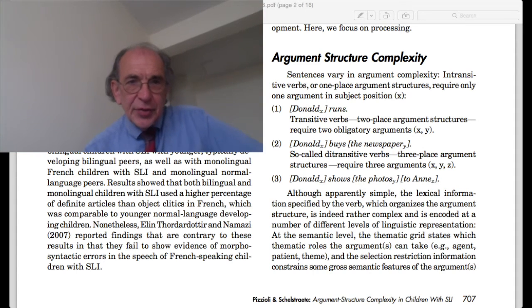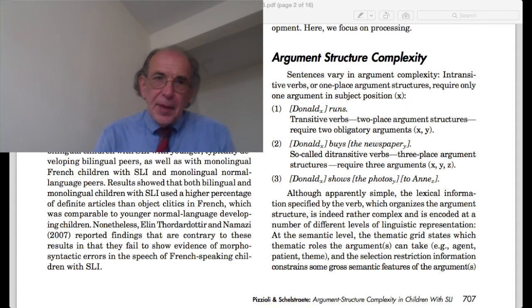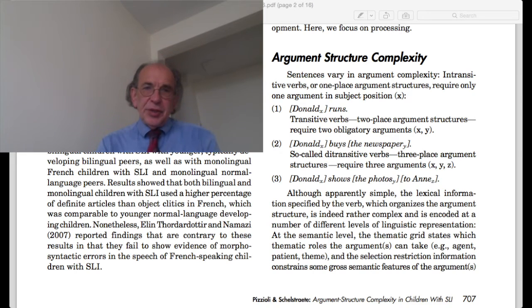It says, as already stated, the first aim of the present study was to test whether children with SLI are limited in linguistic processing capacities compared to language-matched peers by looking at the effects of argument complexity on the omission of grammatical morphemes.